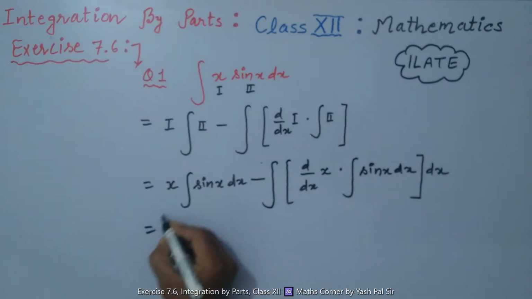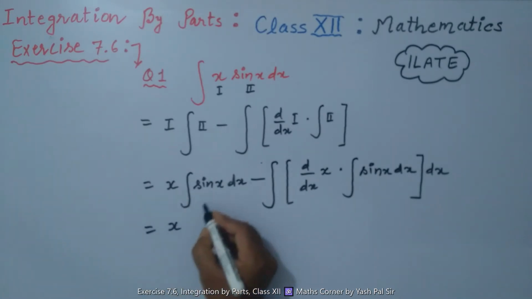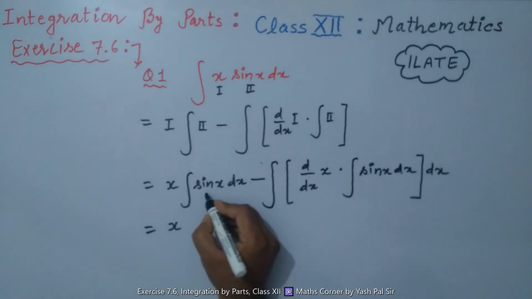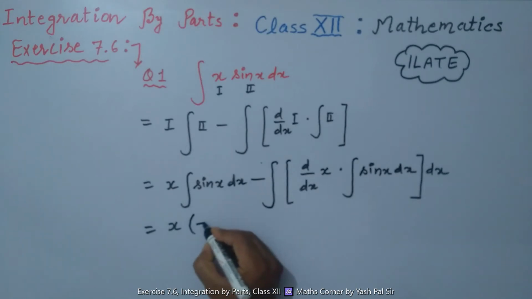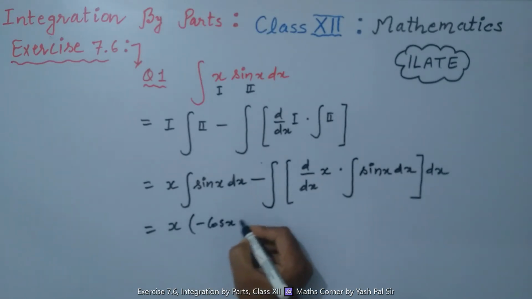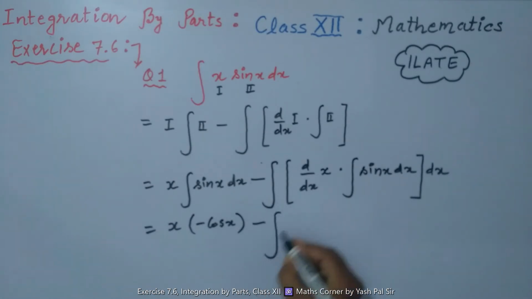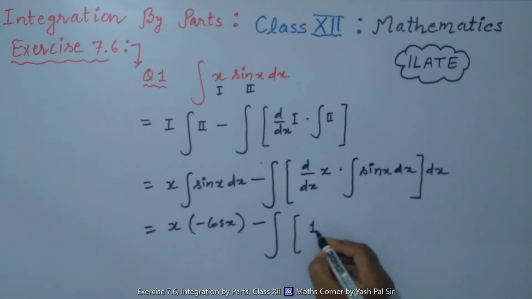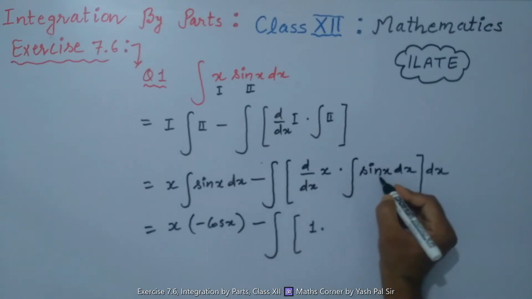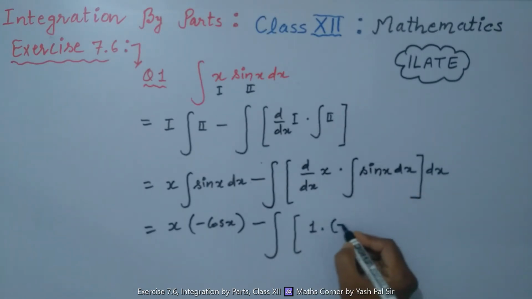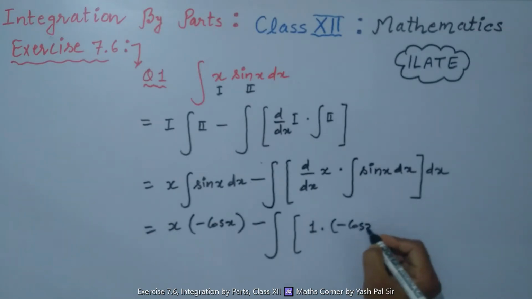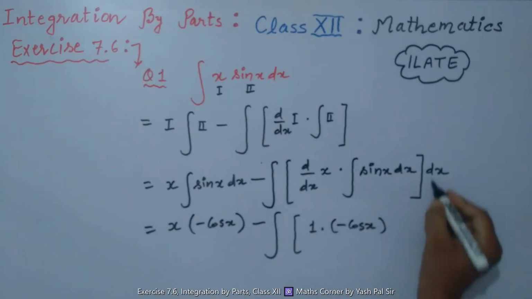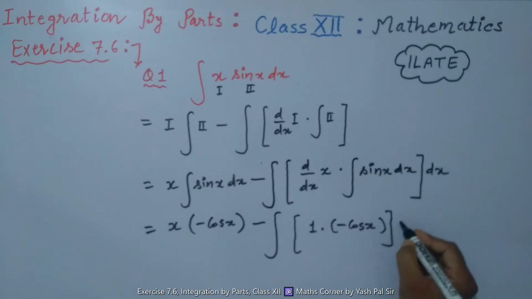So x has no change. Integration of sin of x is minus cos of x, minus the integral of derivative of x, which is 1, into integration of sin of x, which is minus cos x, outside the bracket this is dx.